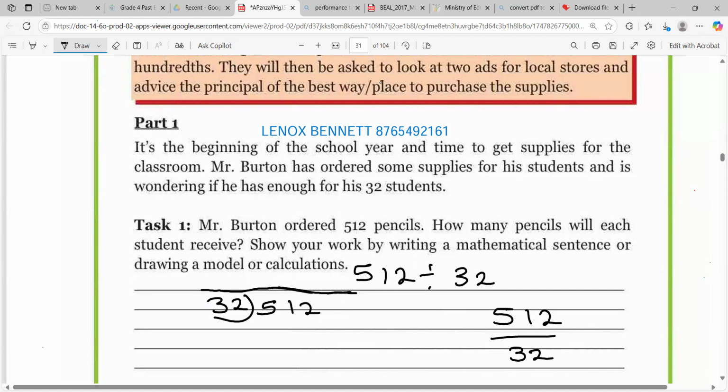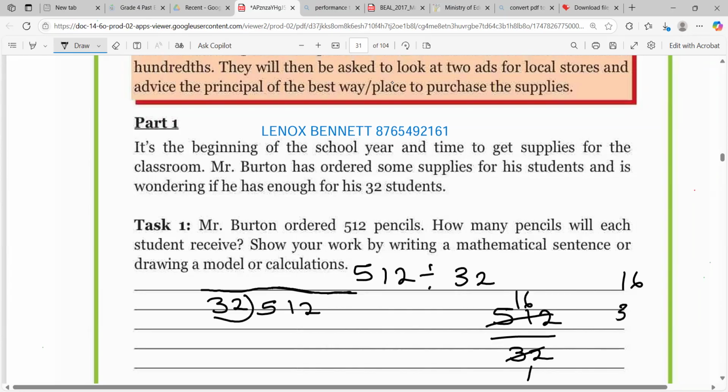So first you're going to say 32 into itself goes 1 times. And then say 32 into 51 goes 16. If you'd wish to check your answer, you'd say 16 times 32.